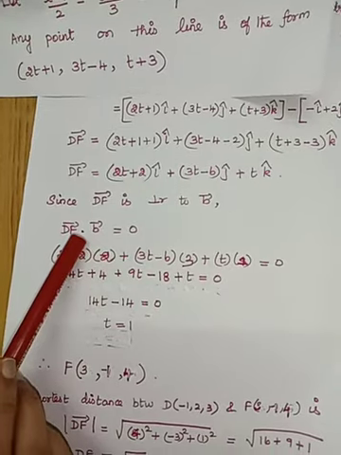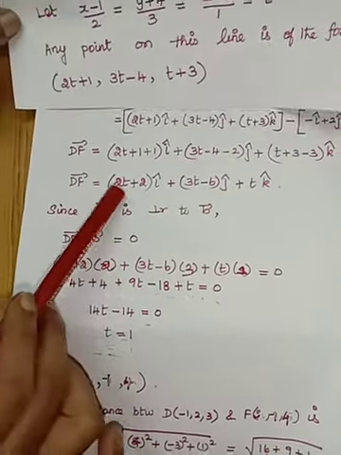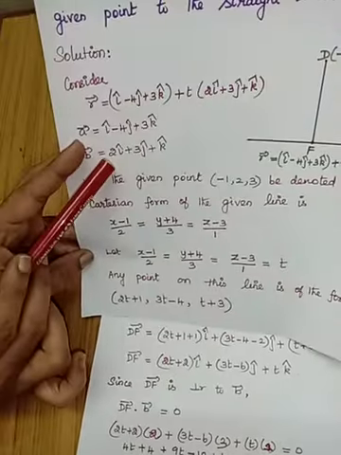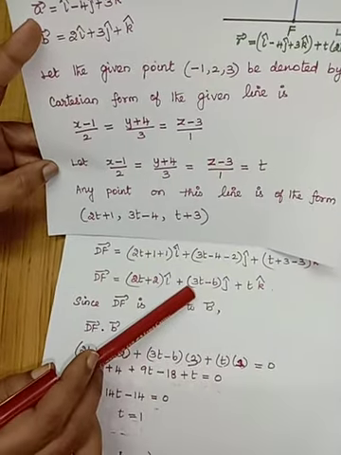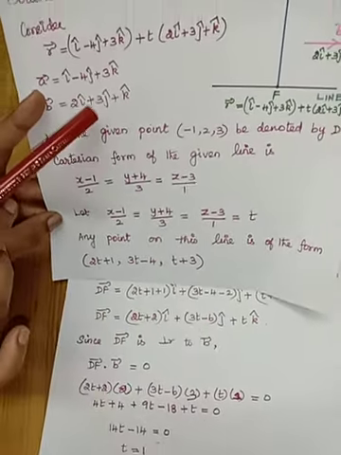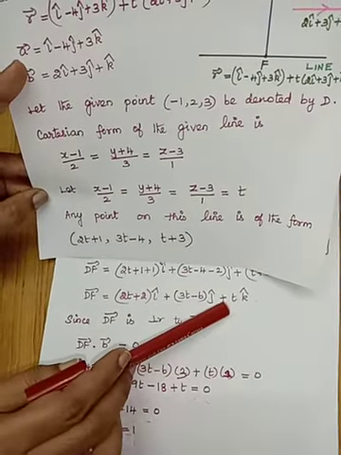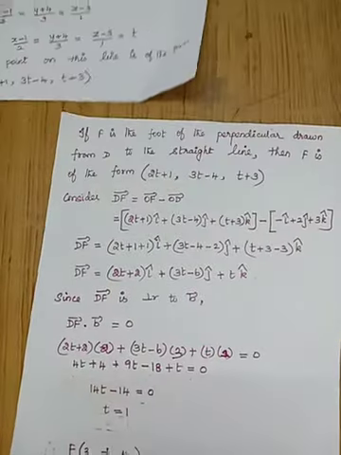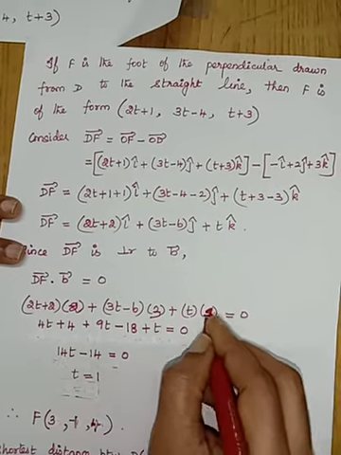For the dot product evaluation, the same components have to be multiplied. So see that here the i component is 2t plus 2. It has to be multiplied with 2, plus here 3t minus 6 has to be multiplied with 3, plus here the k component is t, and t has to be multiplied with 1, which is equal to 0.